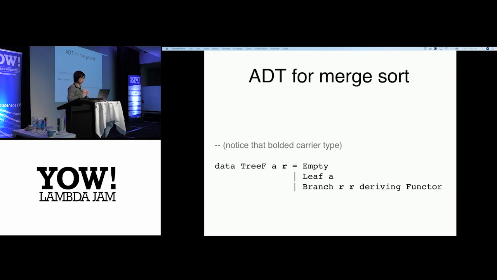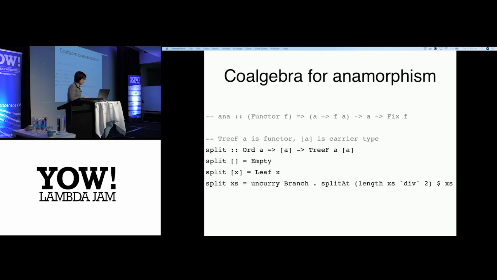And now we move on to define the coalgebra for this anamorphism. Now we need to define A to FA. Because in this example, we need to unfold the object, which is a list, to a nested structure. Therefore, the carrier type is a list here.